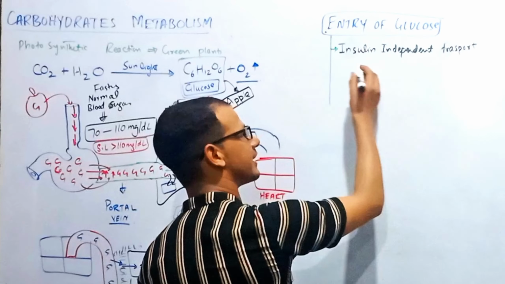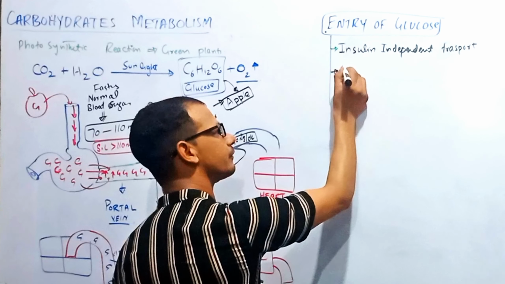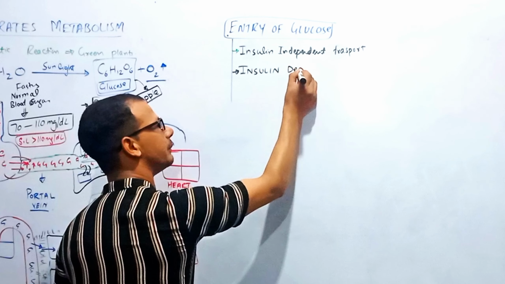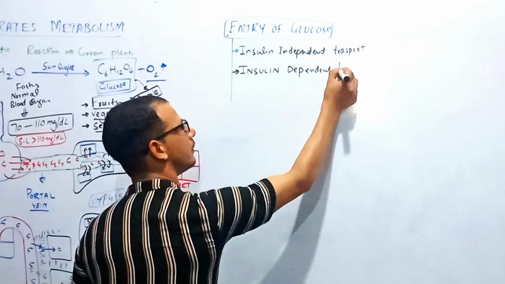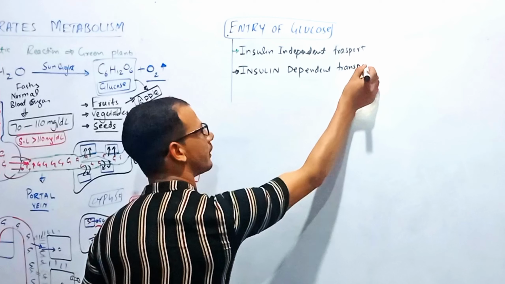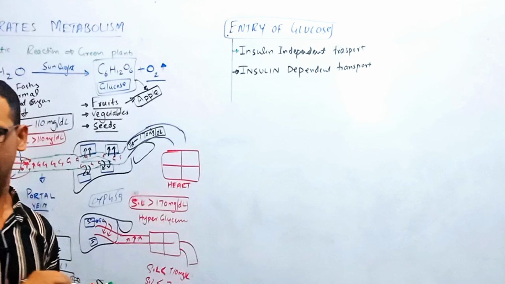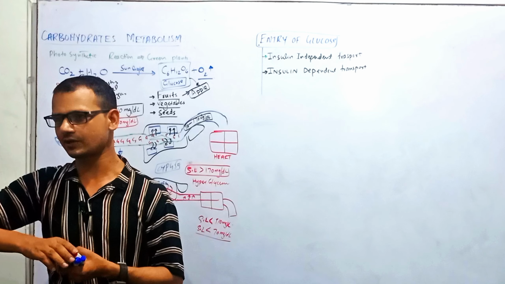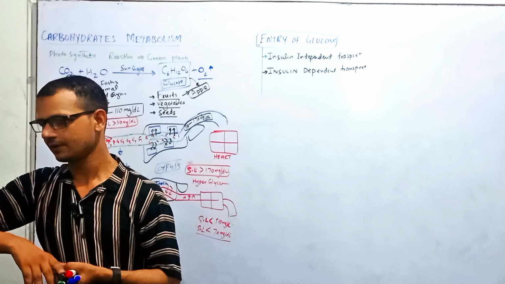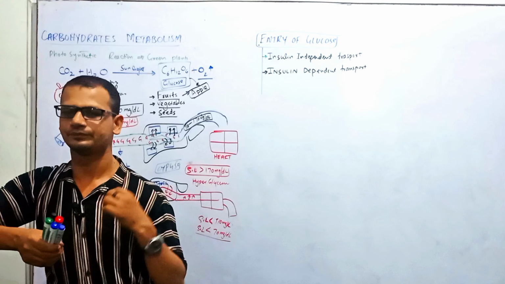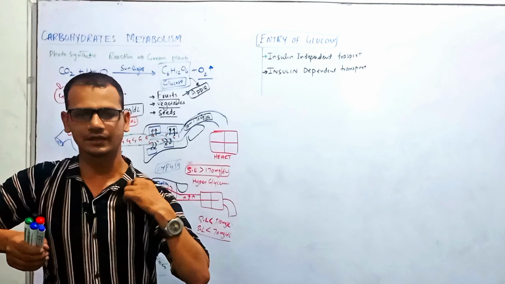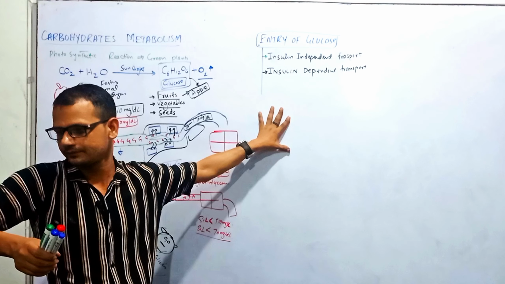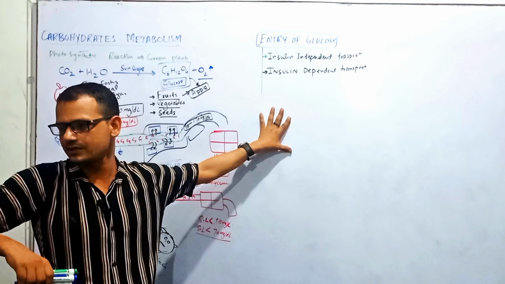Insulin independent transport. Second is insulin dependent transport. Why are we discussing these topics? Why are we not directly discussing glycolysis? Because if the cell doesn't have glucose, can the cell undergo glycolysis?